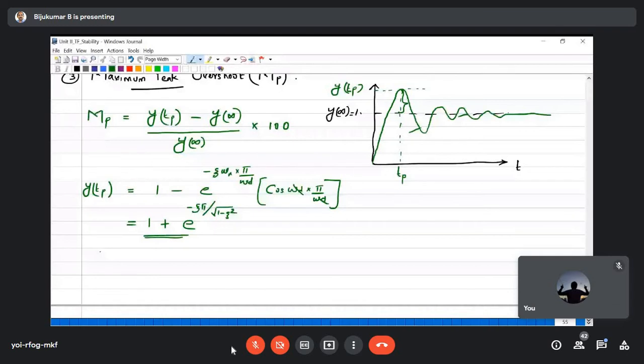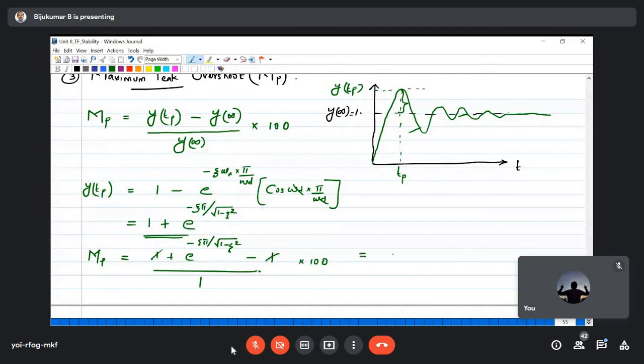Now how will you calculate MP? If you substitute this in that relation, you get Y of TP becomes 1 plus e power minus zeta pi divided by root of 1 minus zeta square. Again, minus Y of infinity, which is 1, the whole divided by Y of infinity, which is 1, multiplied by 100. So here everything will cancel.